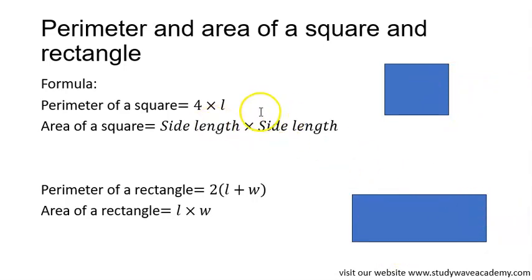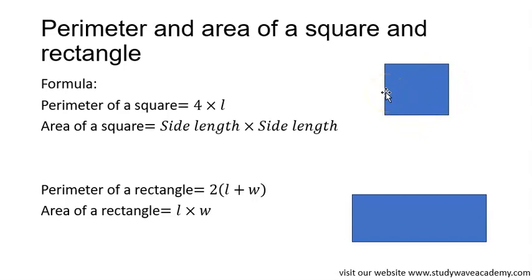To get the perimeter of a square is 4 times L. 4 times the length, the side length, okay? 4 times the length. And to get the area of a square is side length times side length. Remember, the square, all sides are equal. So if you have here as 6, here is also 6, here is also 6, here is also 6.